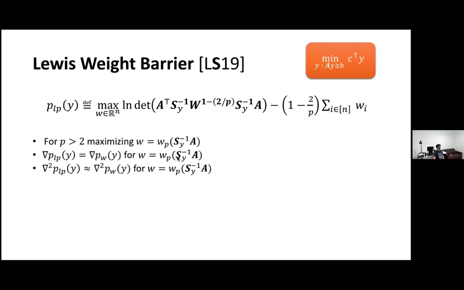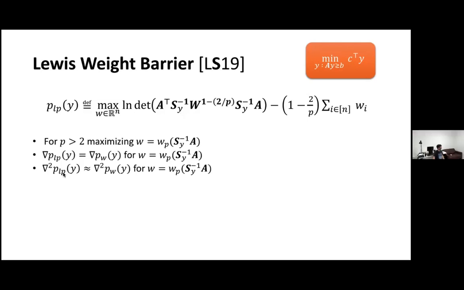And the universal barrier cannot be written this way. It's a bit different. In some sense, the way I think of it is this is kind of optimizing in the directions of the constraints, but doing it in sort of a more principled way. And the universal barrier is kind of optimizing in all directions. And now, is there something good in between? That is a very interesting question that's open.